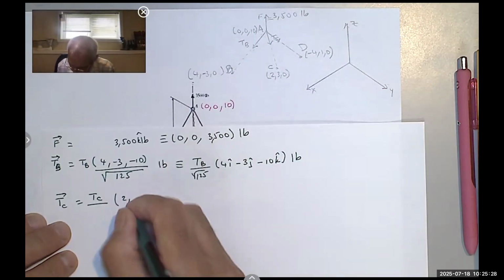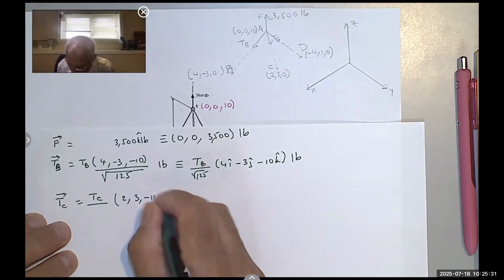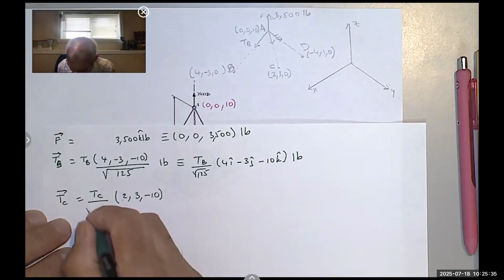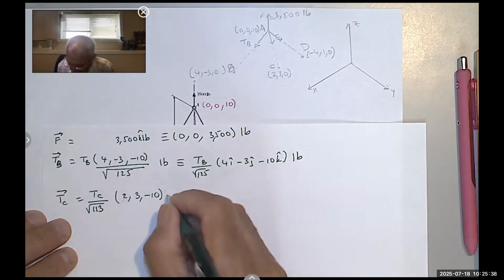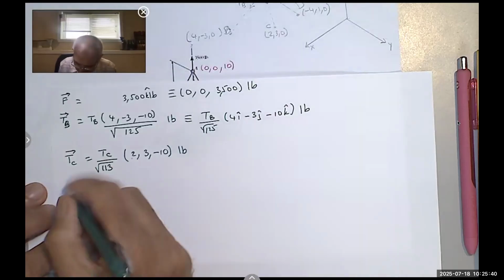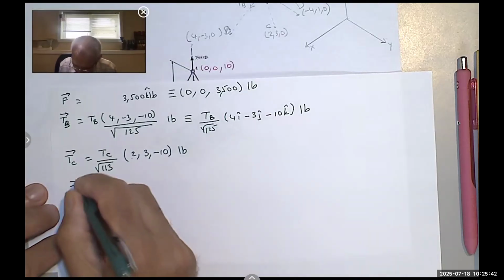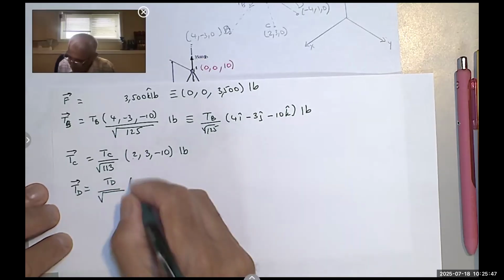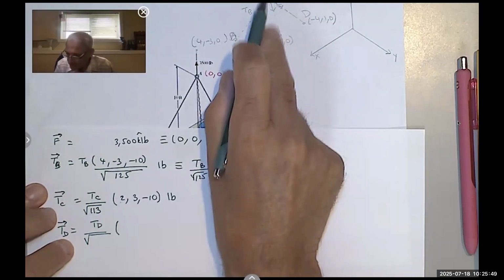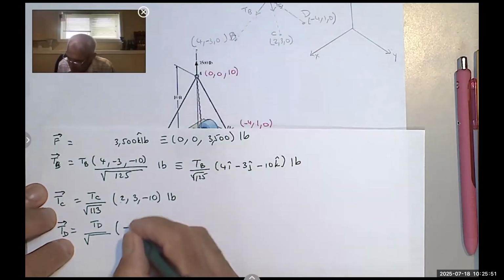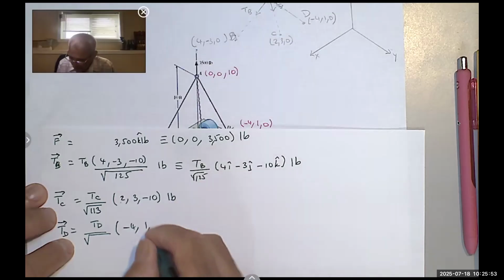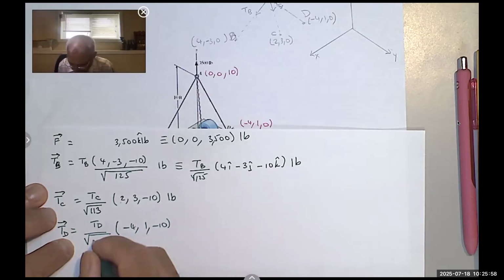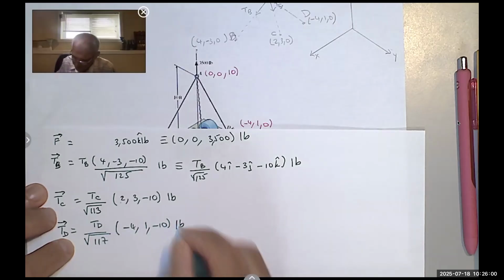So it's 2, 3, -10, 4 and 9, 13, and 100, so square root of 113 pounds. And finally, T sub D, similarly, would be TD over some value. I'm going from 0 to -4, 0 to +1, and 10 to 0, 16, 17, 117 pounds.